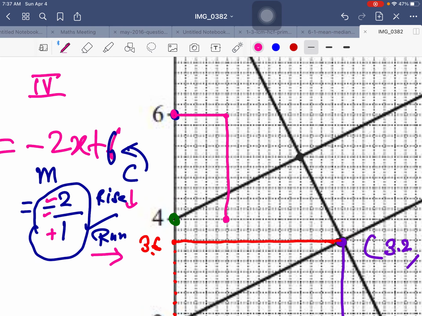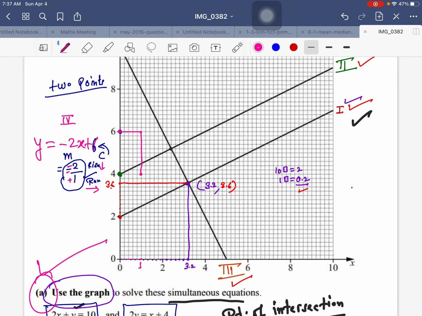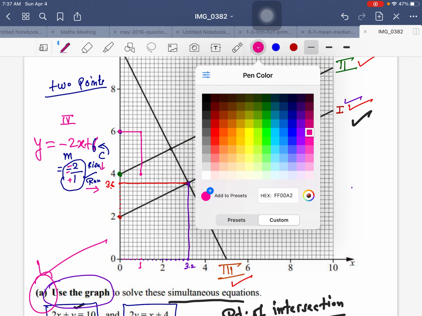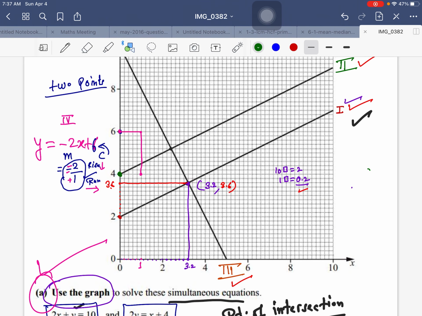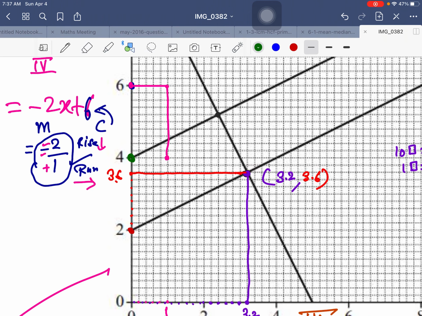I had the first point. I got the second point. I will use my ruler to draw the line. Quite simple. Let's change color to green and draw the green line. So I just need to join these 2 points, this with this, and extend it.